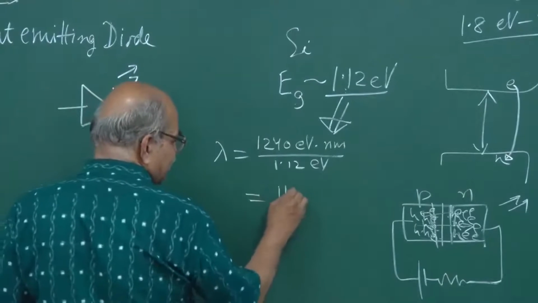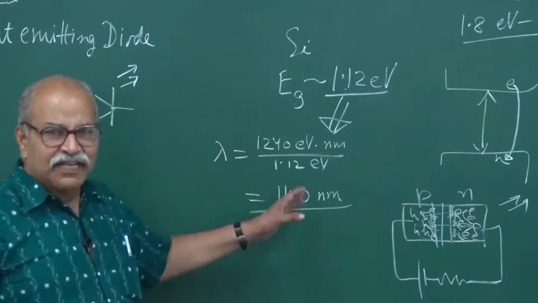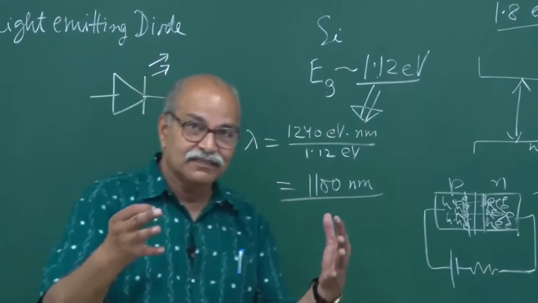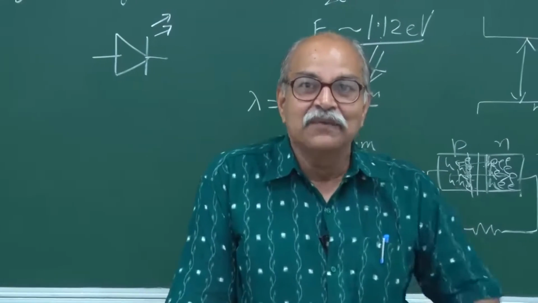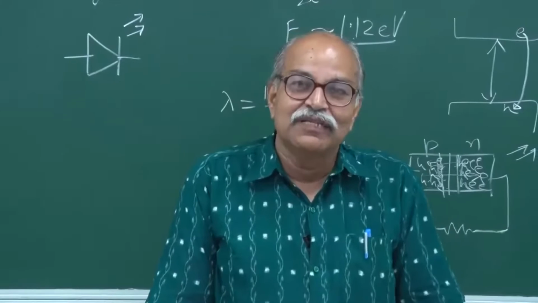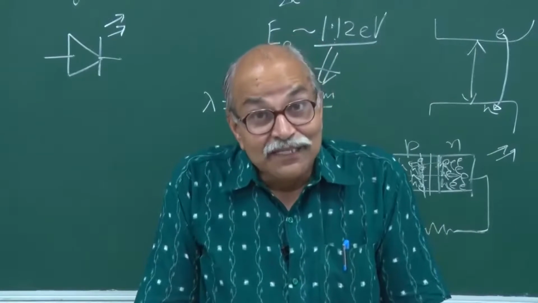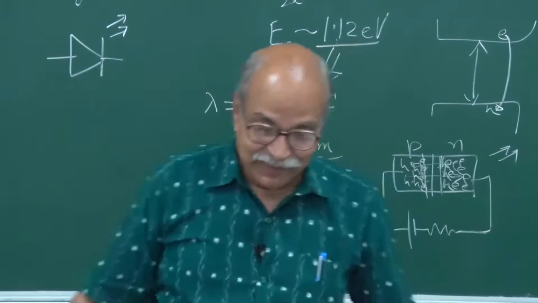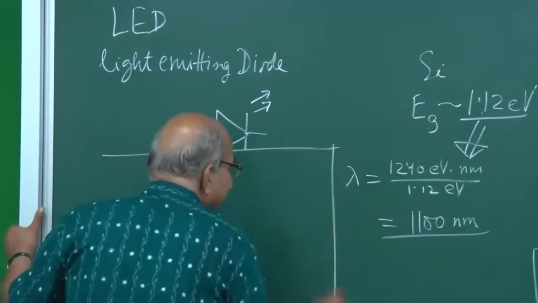That will be somewhere around 1100 nanometer. Infrared. So, does it mean that when I pass a current in a silicon p-n junction, I will get 1100 nanometer infrared radiation? It does not work out that way because of another physics. Let me give a brief introduction of that.